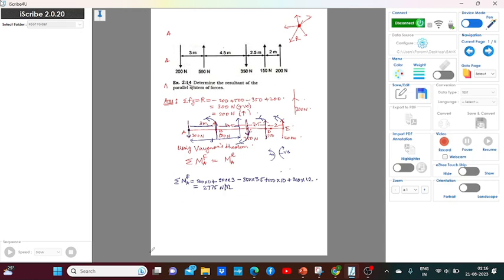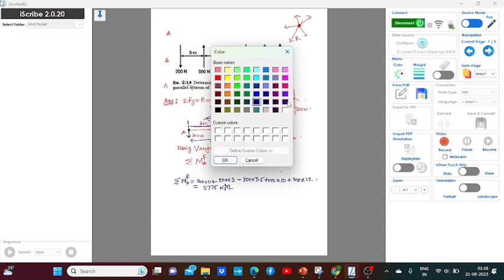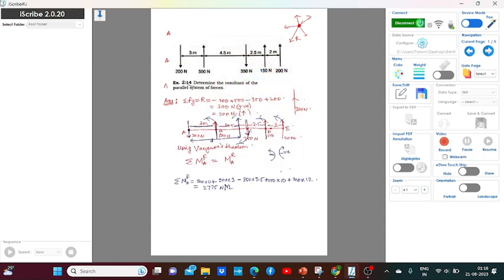Now what I had assumed is, let me consider my resultant over here. This is my resultant. I had assumed that this resultant is at a distance of d.